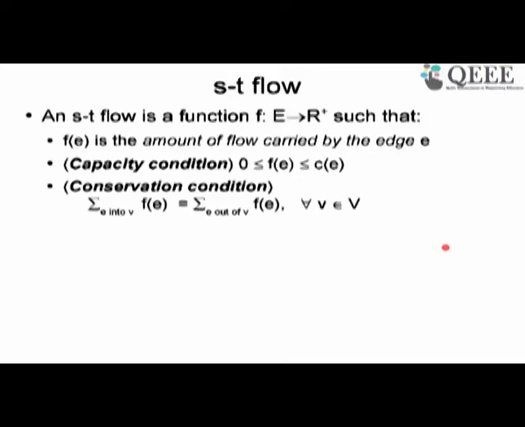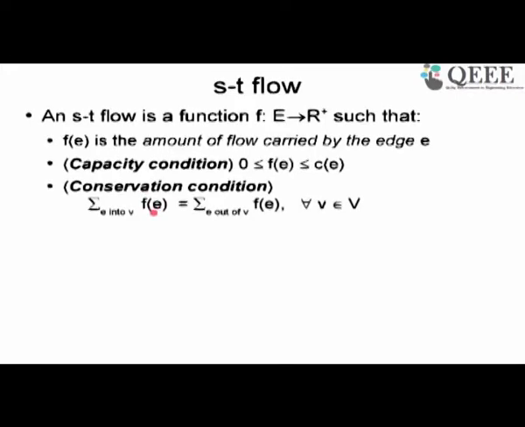So this is written like this: for every internal vertex v, the amount of flow into that vertex, how is it calculated? Take each edge that is an incoming edge into that vertex and add the flow of that edge.